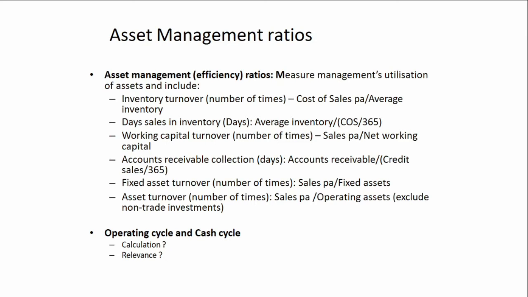It gives the time taken in selling inventories plus the time taken in recovering cash from trade receivables. Then how do we calculate the cash cycle? The cash cycle is simply calculated by taking your operating cycle minus your accounts payable days. The length of the company's cycles gives an indication of the company's liquidity and also an indication of its asset utilization.